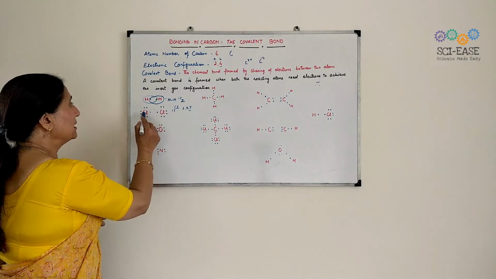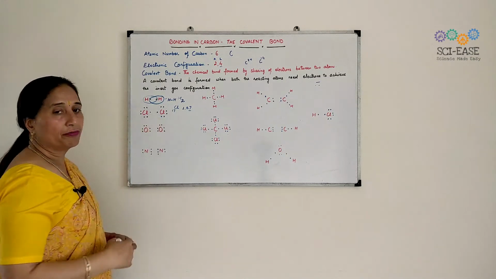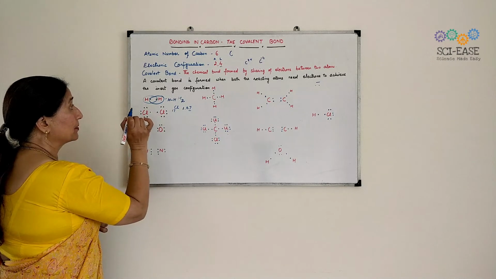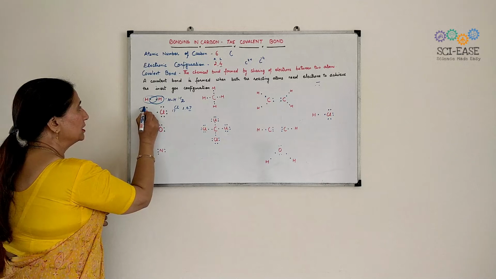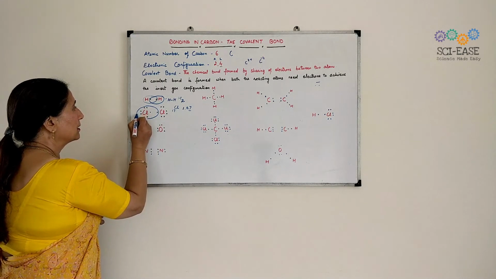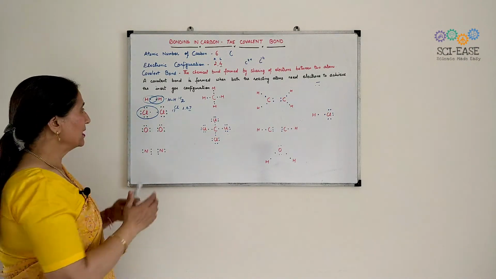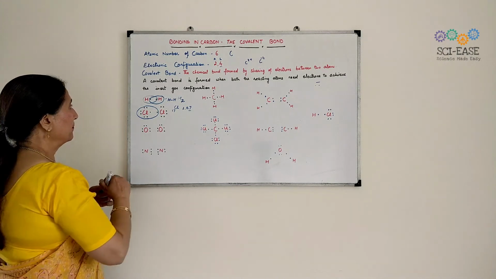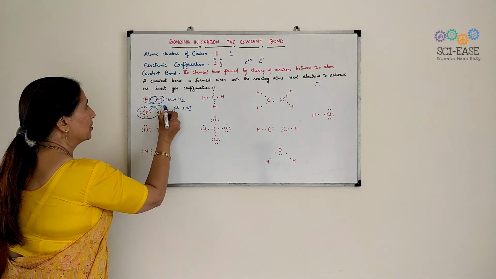I have represented it by putting cross 7 and 7 of this atom of chlorine. Now what is the result? This chlorine will share this one electron, and the octet of this chlorine will be completed.